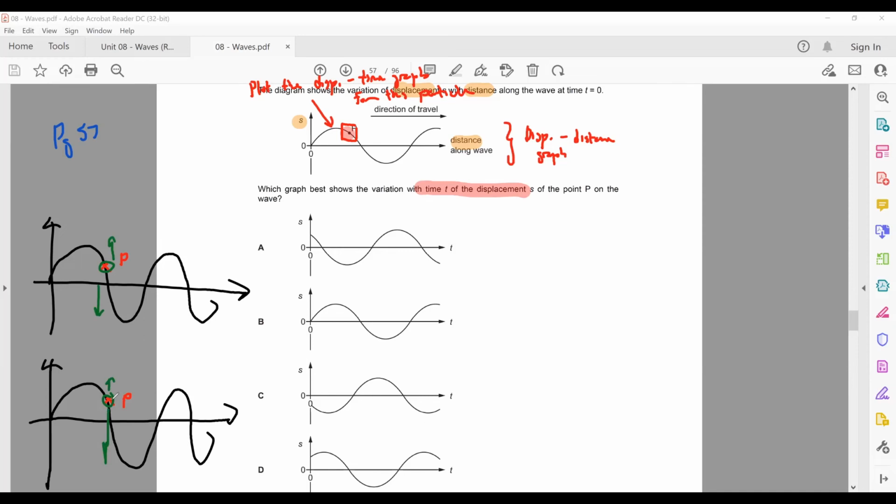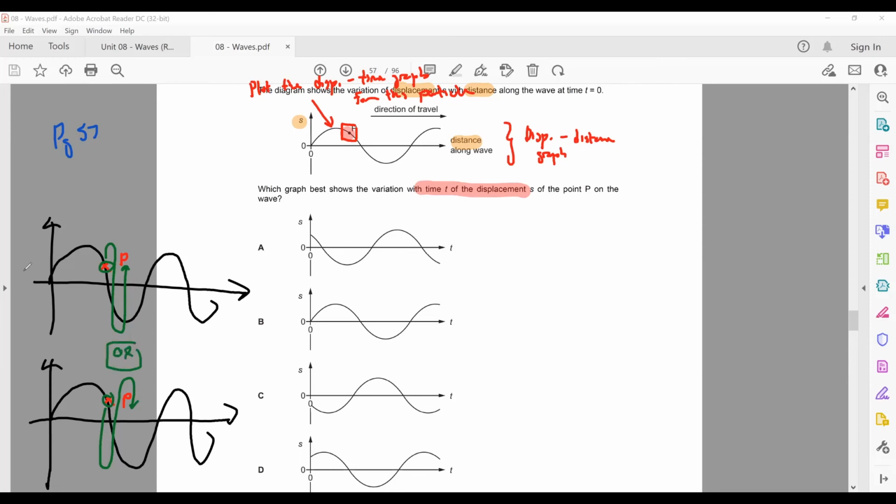But right now the issue is, how is it going to start its motion first? Is it going to go up first and then go back to its position to make one oscillation like this? Or is it going to start downwards first and then go back up and then go back to its original position? How do I know which one is which?